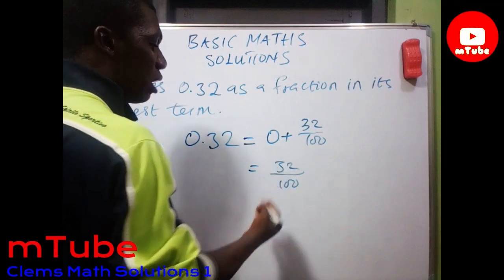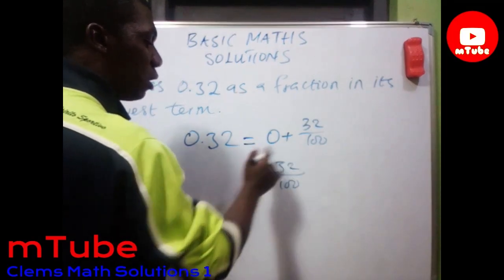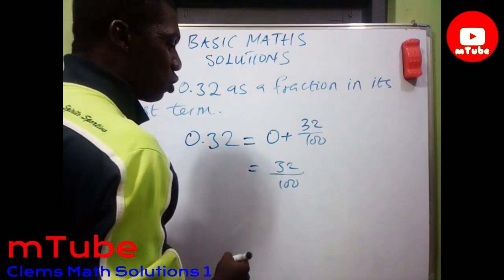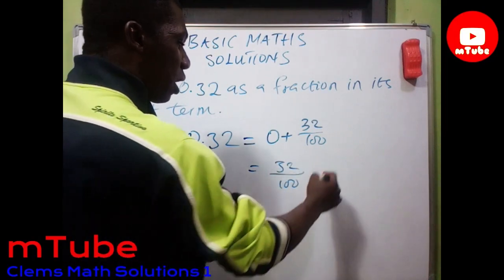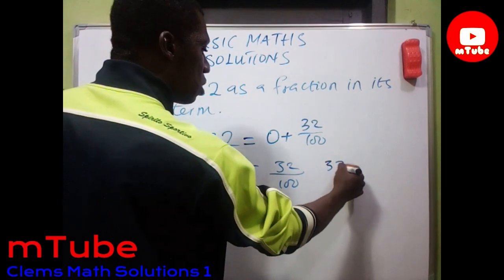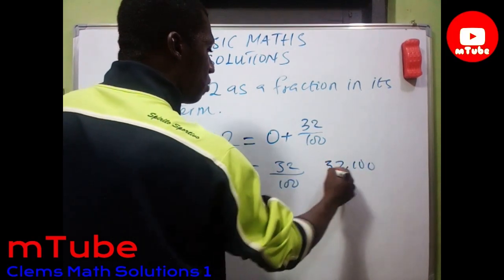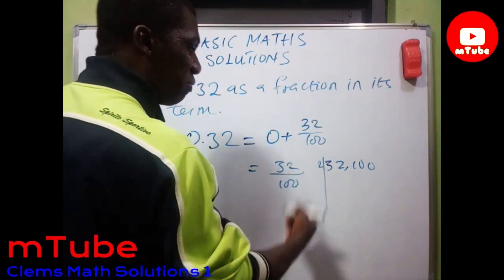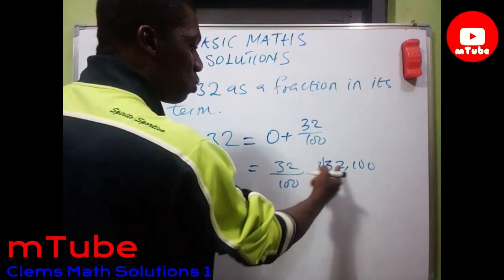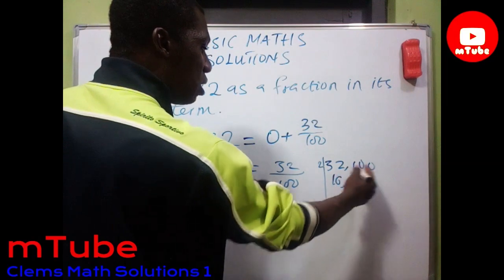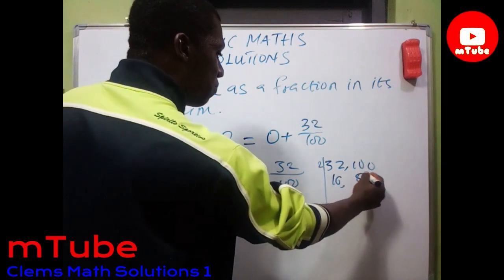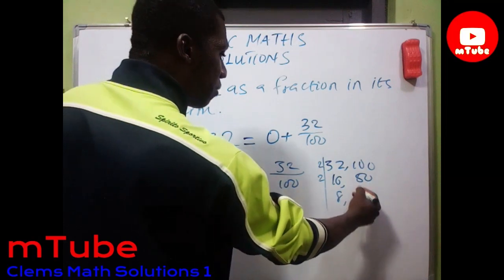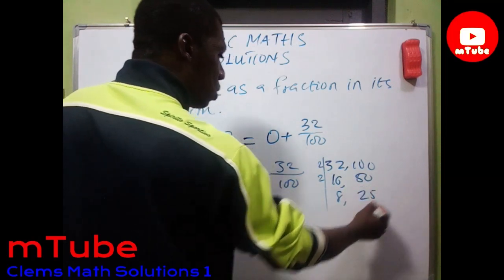Now it is time to reduce this fraction to the lowest term. The way I teach it is writing out 32 and 100, and then using common factors to divide them, starting with 2. 2 divided into 32 gives you 16, and into 100 gives you 50. 2 divided into 16 gives you 8, and into 50 gives you 25.